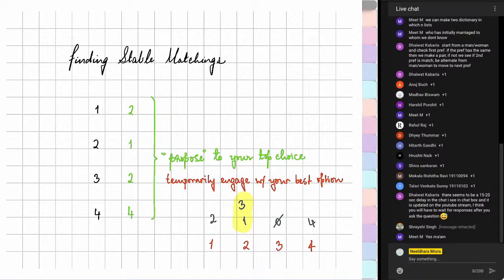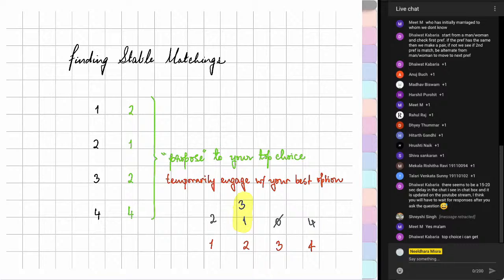So if you get multiple proposals, which one are you going to pick? Yes, exactly. So you're going to pick your best proposal.